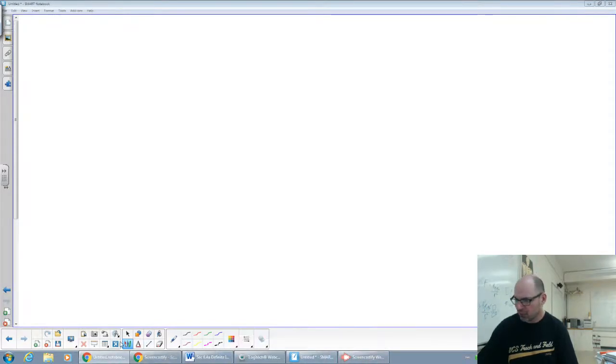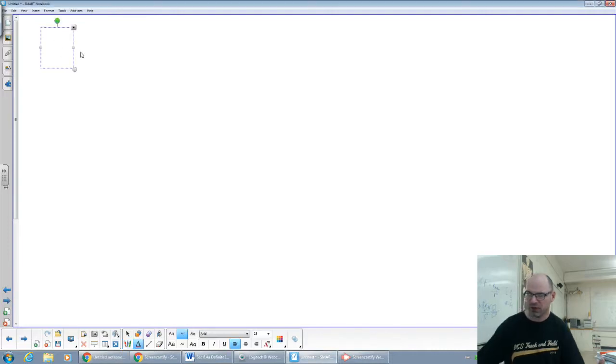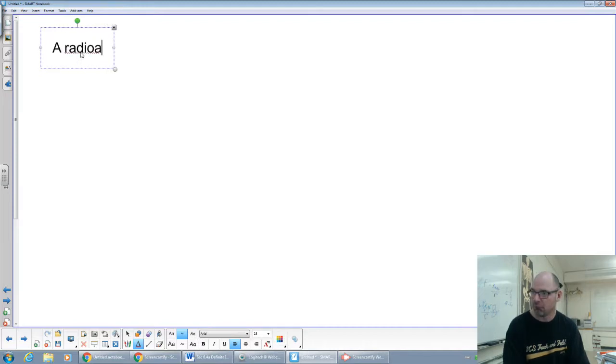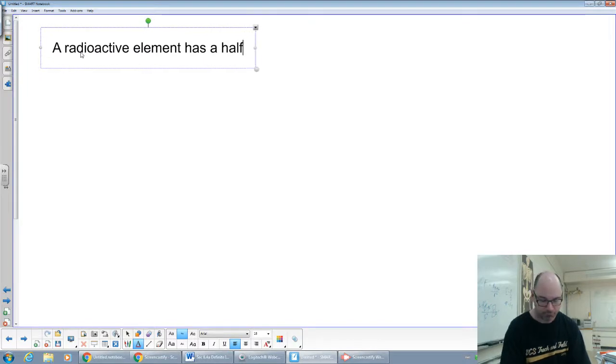So here's one. This is pretty much the same as the last one, but it's a little bit different. So we'll just pop one in. Let's say a radioactive element has a half-life of 4 days.